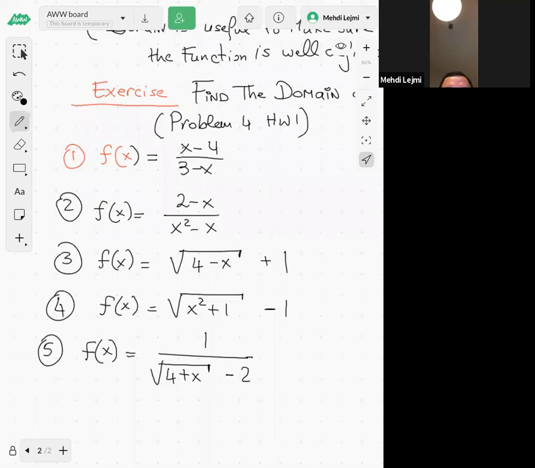I would say number five is kind of tricky, because you have both a square root and a division. So just be careful with number five, and also number four.